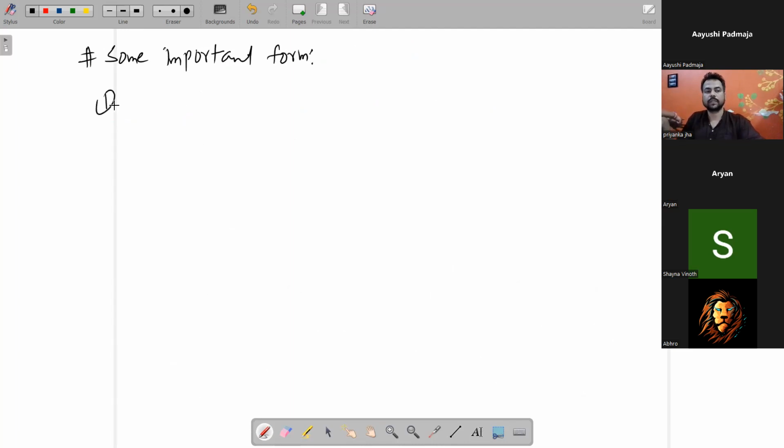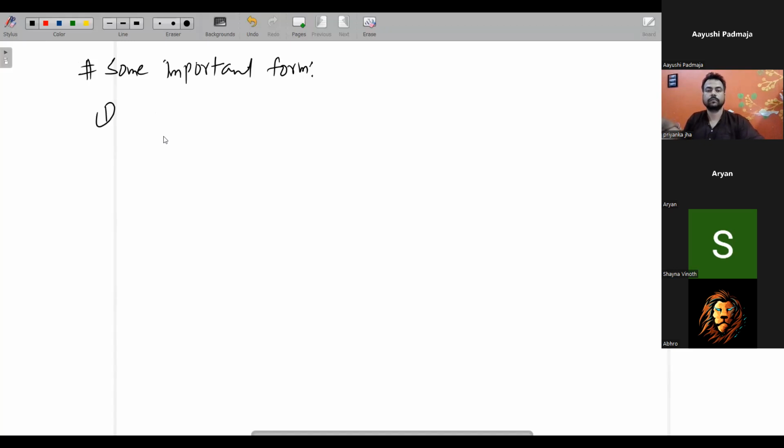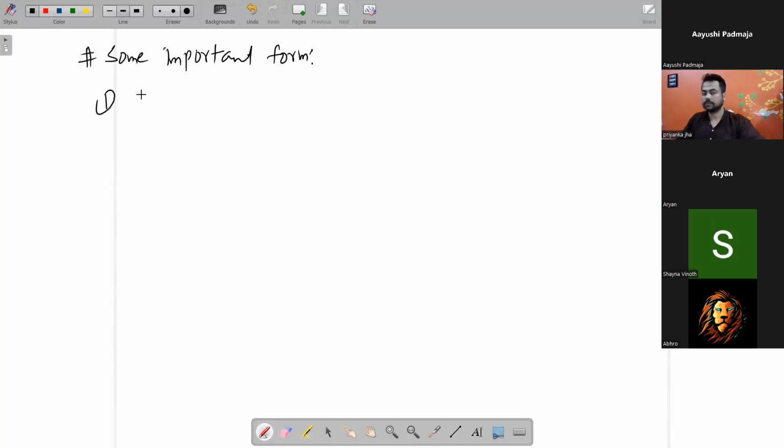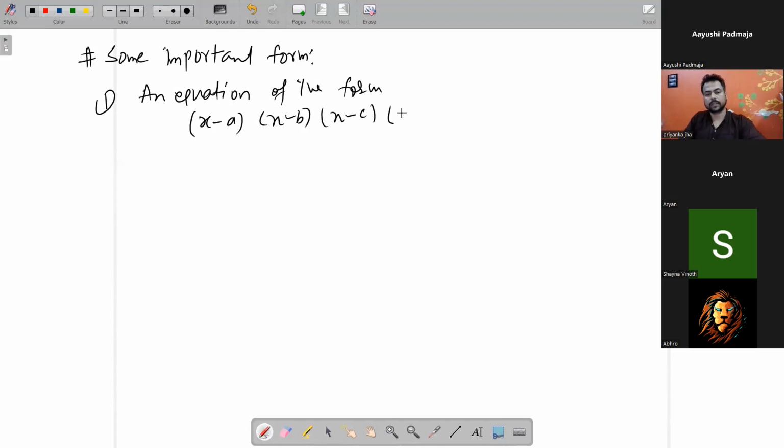Some important form. Suppose an equation of the form x minus a into x minus b into x minus c into x minus d equal to A, where A is some constant.